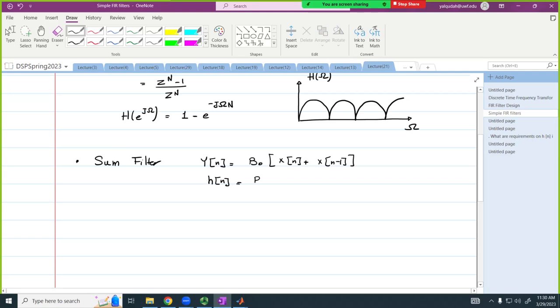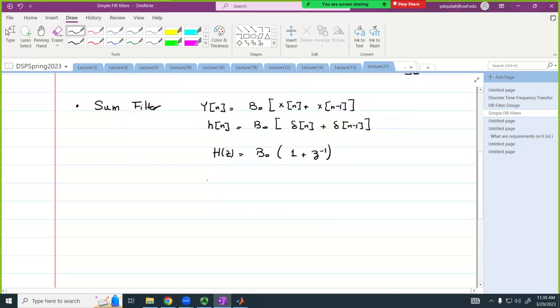Therefore, h of n equal to b0 multiplied by delta of n plus delta of n minus 1. And therefore, h of z equal to b0 multiplied by 1 plus z to negative 1. And from h of z, I can calculate h of e to j omega, which is going to equal b0 multiplied by 1 plus e to negative j omega.